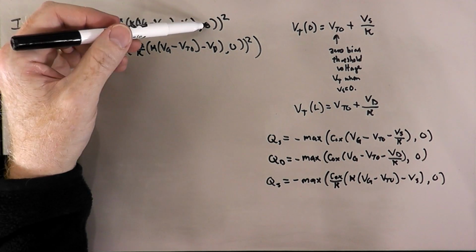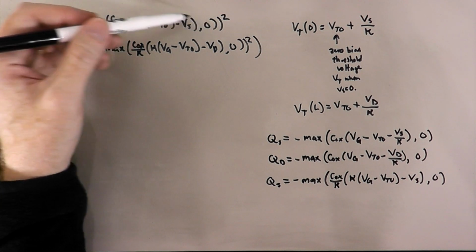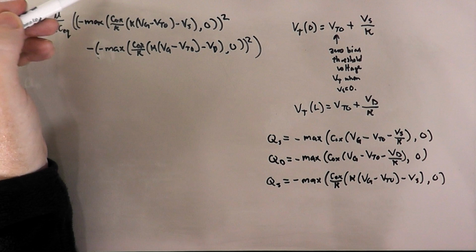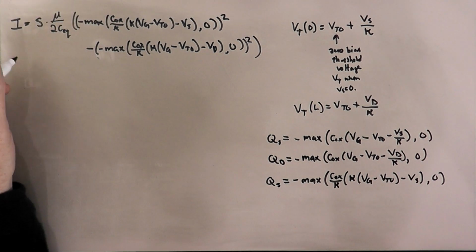and since there's a 0 here, we can equally write that as Cox over kappa times 0, so we could actually take this Cox over kappa outside of the max without any difficulty.